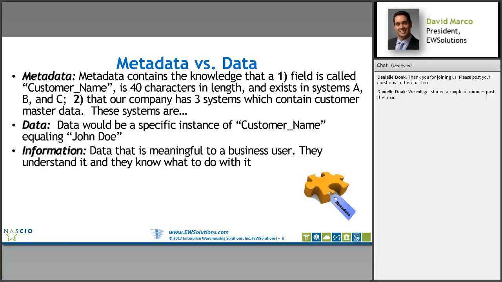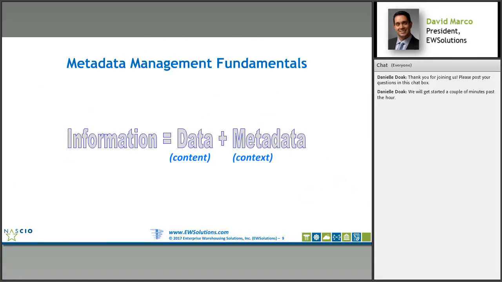Now you see another bullet on this slide. It's called information. Information is data that is meaningful to a business user or an end user, meaning they understand it and they know exactly what they want to do. So let's kind of summarize this.